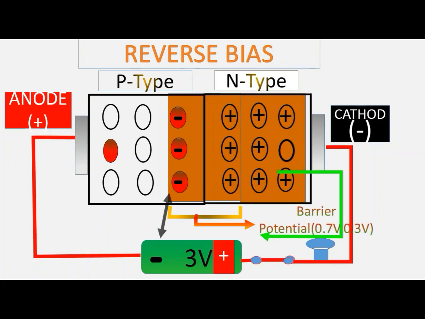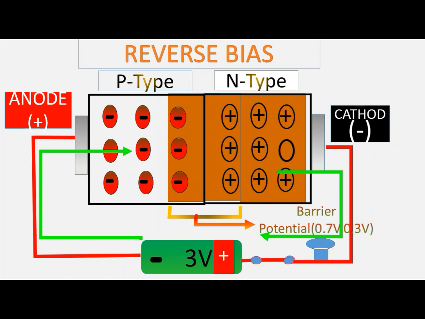As P-type is connected to the negative terminal, electrons injected into this region fill holes and create negative ions inside the layer. In this way, the width of the depletion layer increases. The increase of the depletion layer will continue until all the voltage is applied across the junction. Thus, there will be no flow of current through the junction.